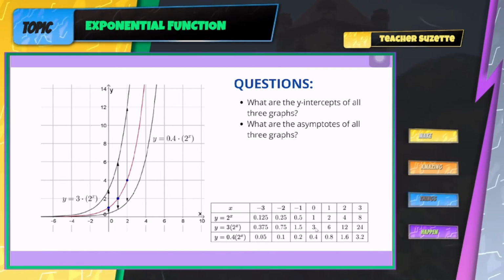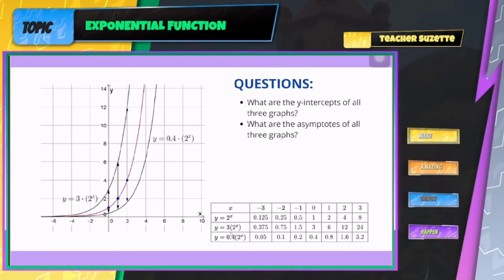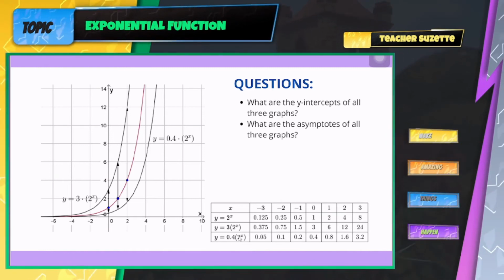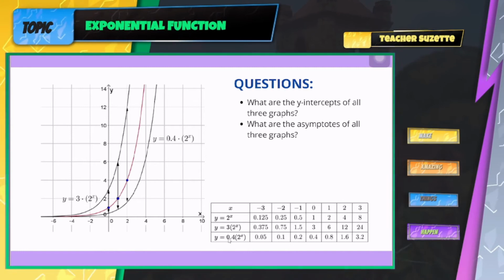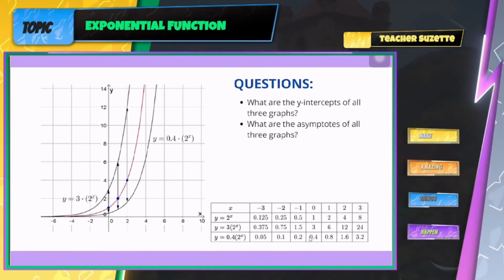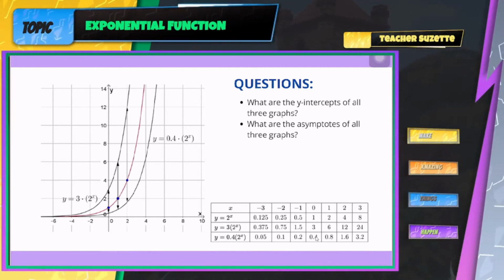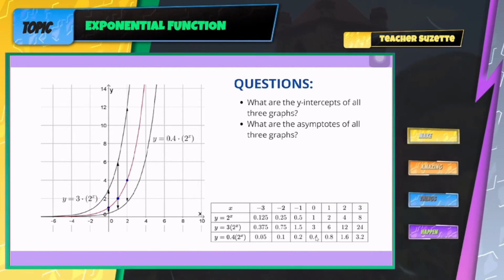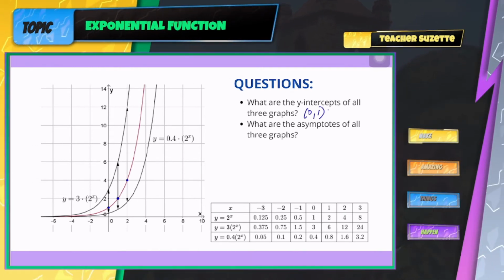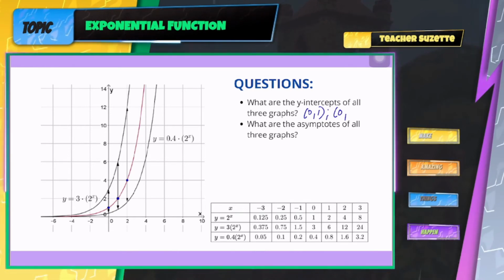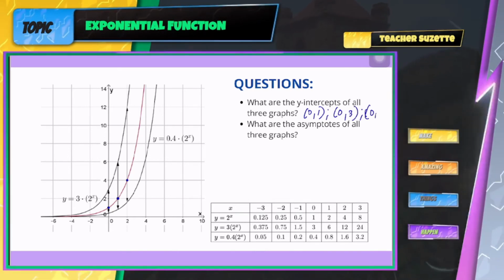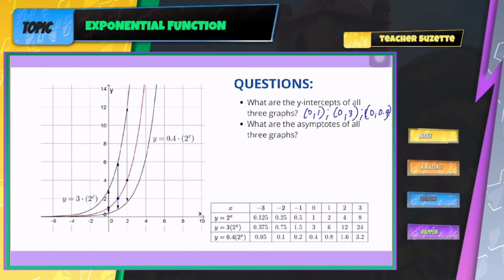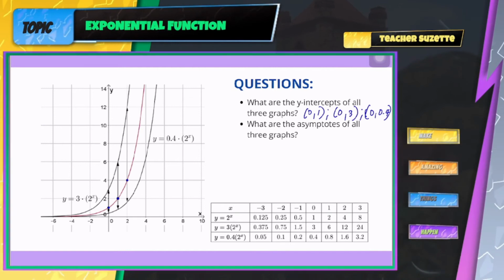Then, the y-intercept of y is equal to 3 times 2 raised to x is 3, and the y-intercept of y is equal to 0.4 times 2 raised to x is 0.4. So, in points, lagay natin, yun ay (0, 1), (0, 3), and (0, 0.4).